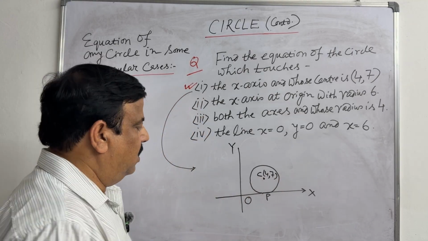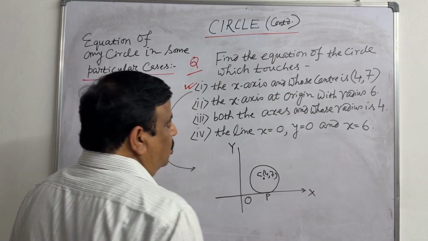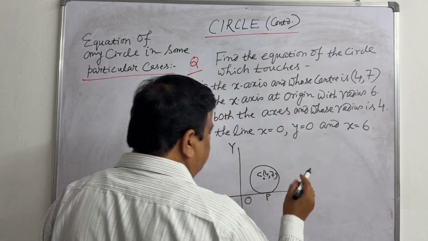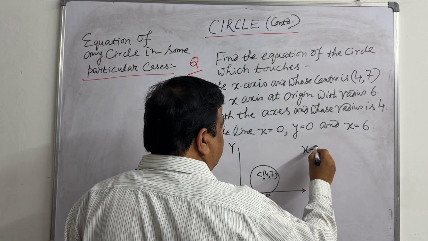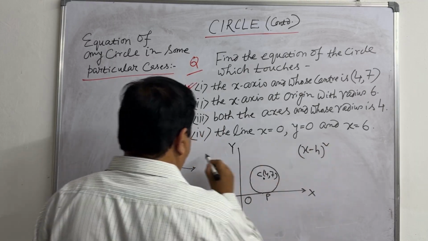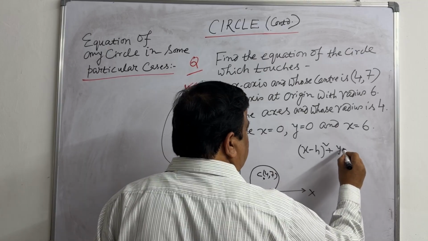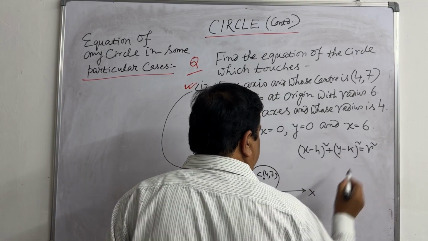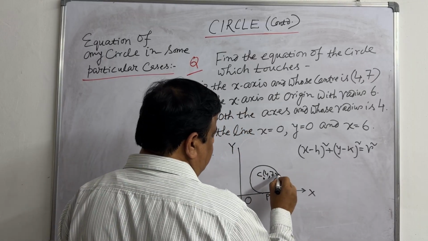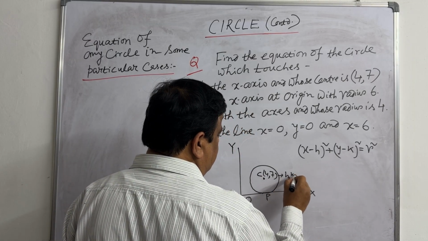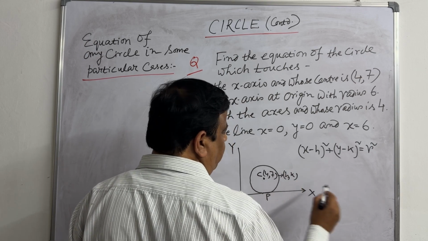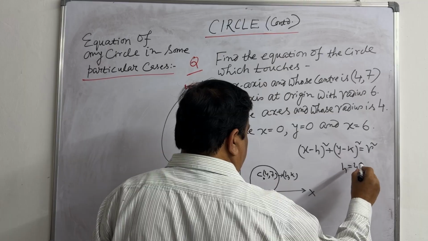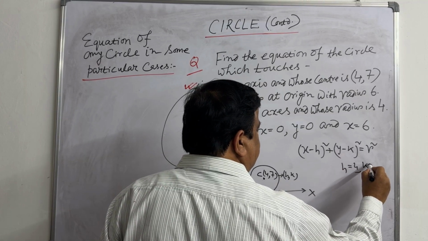This is your (h, k). So what will be the equation of the circle? You know the standard equation, that is (x minus h) whole square plus (y minus k) whole square equal to r square. What is h? h is given as 4. And what is k? k is given as 7.